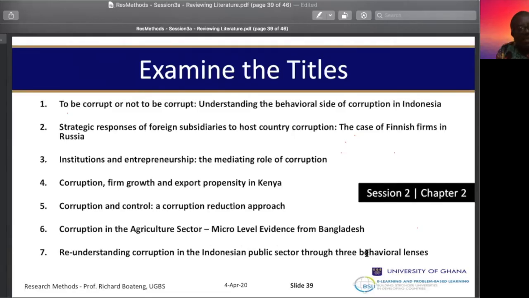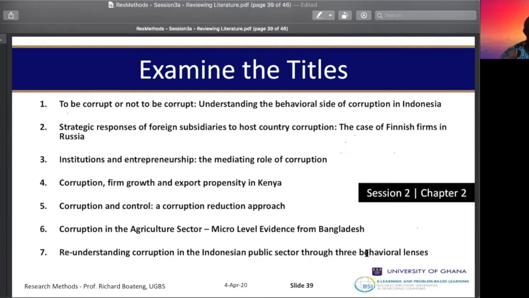The study is in Russia, that's the context, and the phenomenon he is trying to study is corruption, but more about host country corruption. And then he's taking a particular angle or perspective on it so that he can contribute something on foreign subsidiaries and how they respond to host country corruption. That's all.